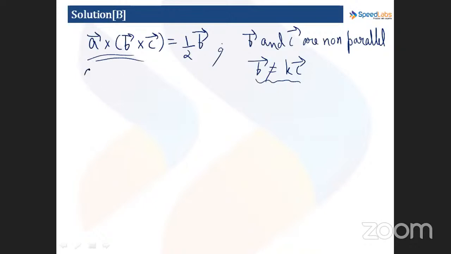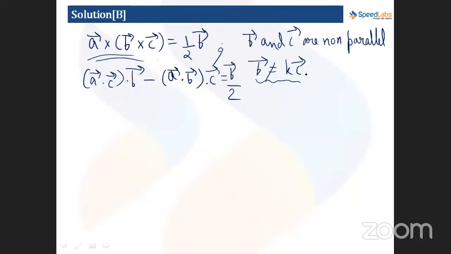So what is this? Dot product of A dot C into B minus C times dot product of A dot B is equal to B vector by 2. Now B and C are clearly non-collinear. In the last class we discussed that in such cases we just have to compare the coefficients of B vector and C vector as they are non-collinear.